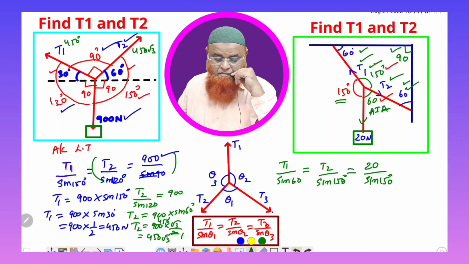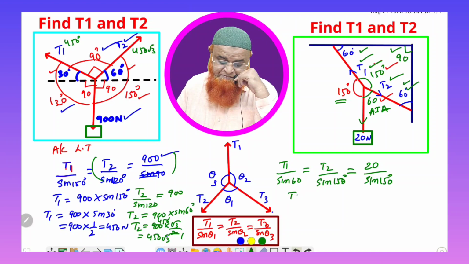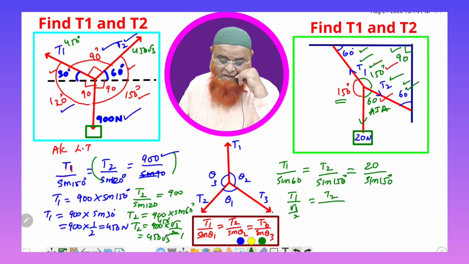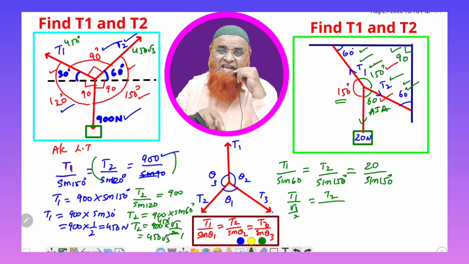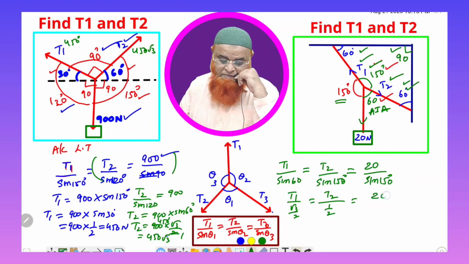Now how can you find out T1 and T2? You can write like this: T1 by sine 60. Sine 60 is how much? Root 3 by 2. T2 by sine 150. Sine 150 means sine of 180 minus 30, which is sine 30, equal to 1 by 2.